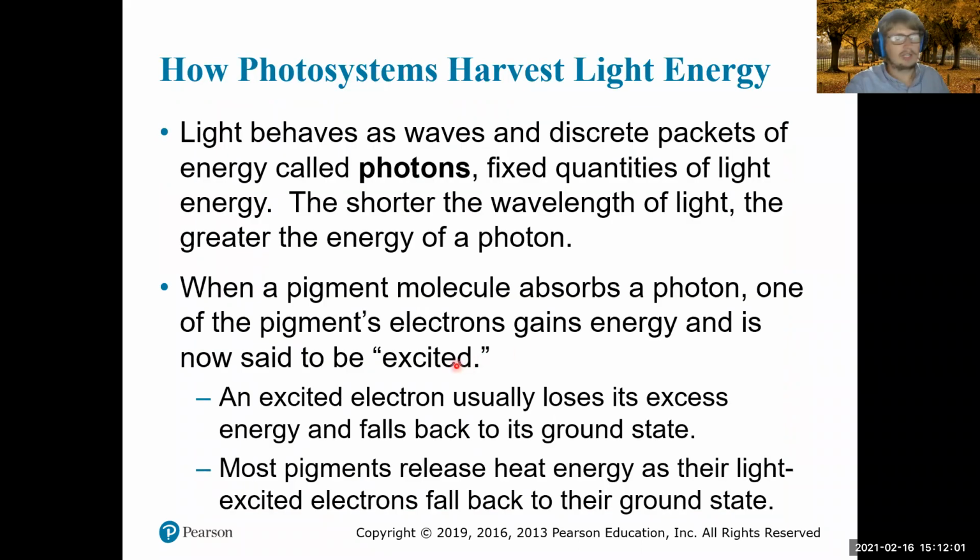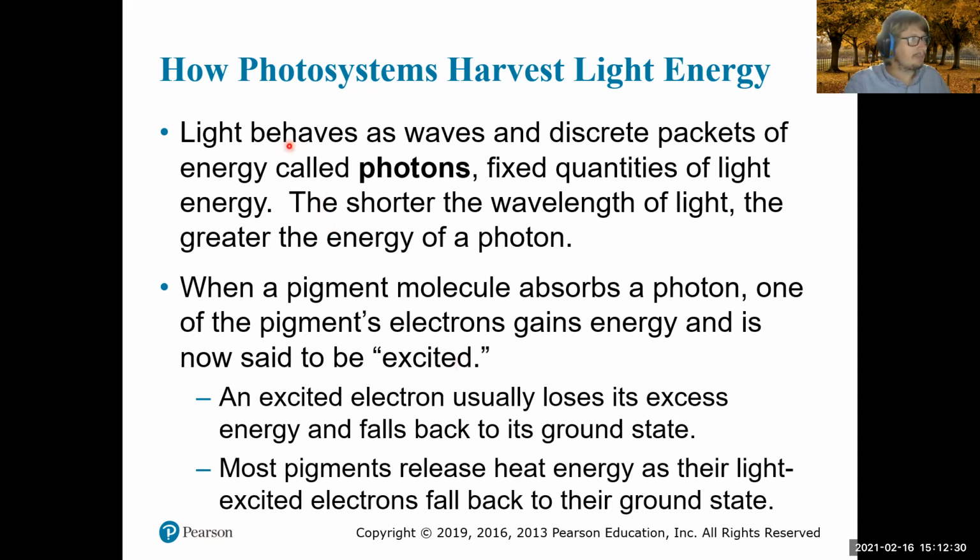All right, so now that we know how light works, how solar radiation travels as these wavelengths, and how there are specific pigments that are absorbing those specific wavelengths, now we have to figure out or explain how the molecules in the chloroplast organelle convert that solar radiation into chemical energy.